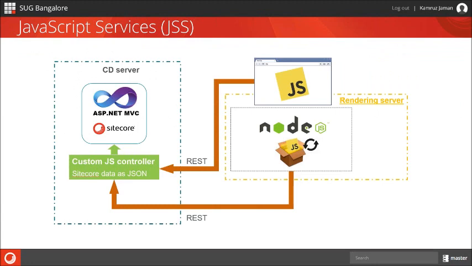I won't go too much into it, but go have a look at the documentation. It's really good. It's very, very extensive, particularly for us non-front-enders. I'd suggest reading the JSS for Sitecore .NET developers section.